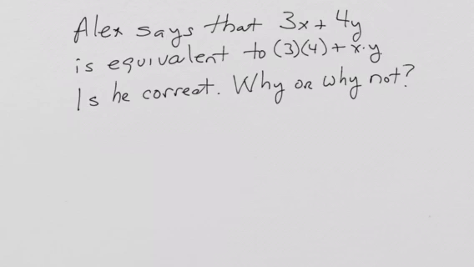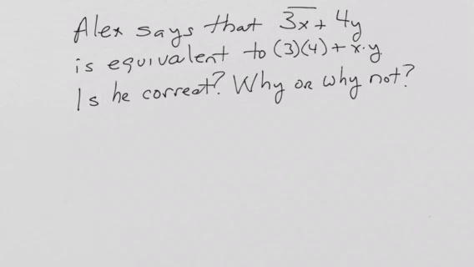Well, Alex says that 3x plus 4y is equivalent to 3 times 4 plus x times y. It says you can use that anytime, any way you want to. Is he correct? Why or why not? Well, he's not correct. It's okay to do anything, anytime, if it's all addition or if it's all multiplication.